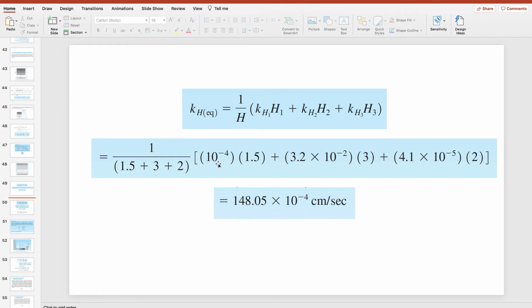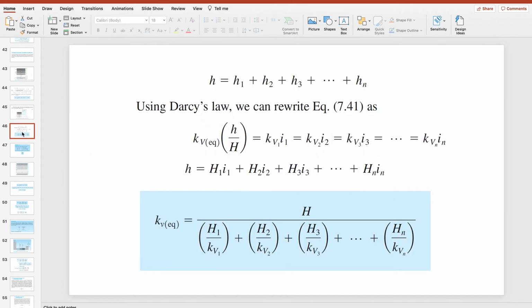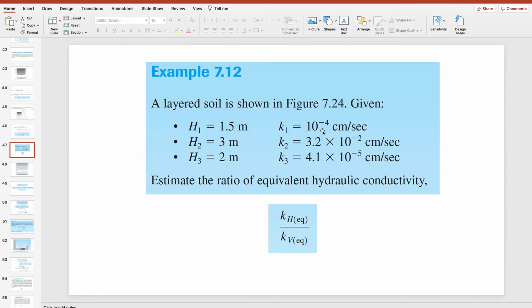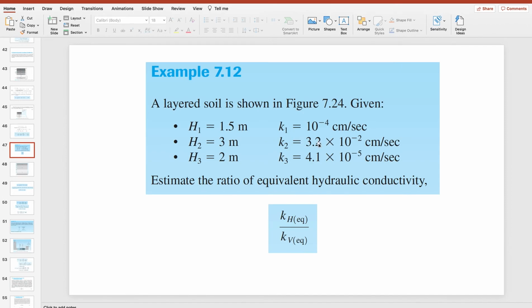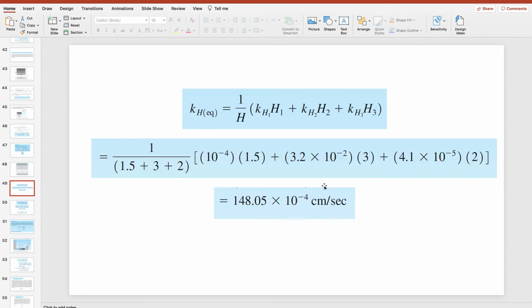Then, K sub H sub 1, or our K1, is 1 times 10 raised to negative 4. The thickness is 1.5. Then, the next one is 3.2 times 10 raised to negative 2. So here, K sub H sub 2, 3.2 times 10 raised to negative 2 times the thickness of 3 meters.